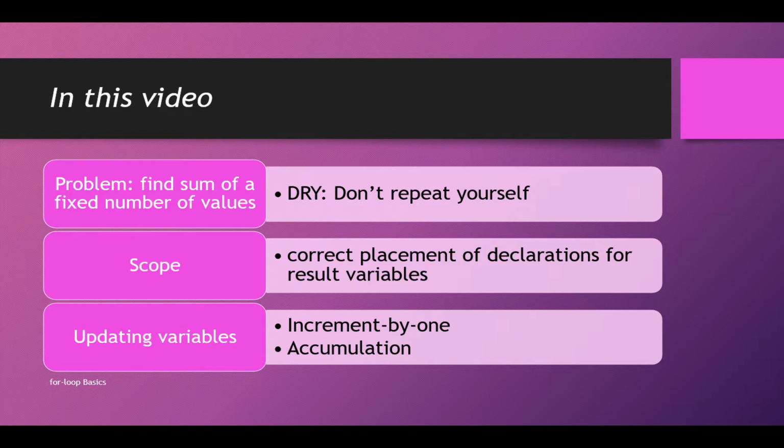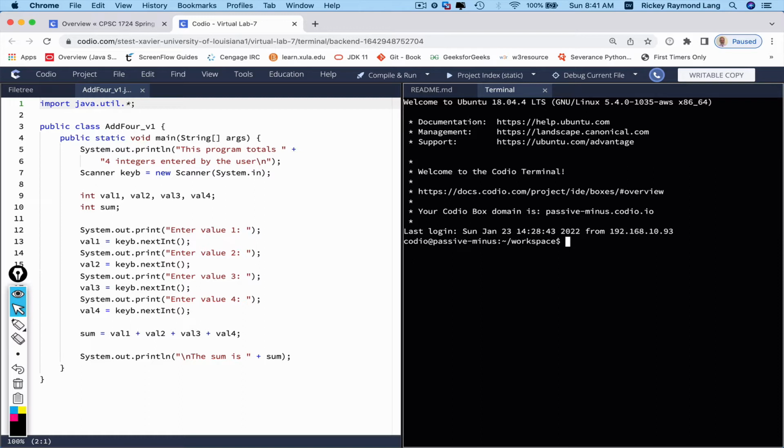of values. Suppose I want to add 4 numbers entered by the user at runtime. Well, this is a way to do this. I can declare 4 variables for the 4 different things I have to add up, and then another one for the sum, and then enter them, one after another.